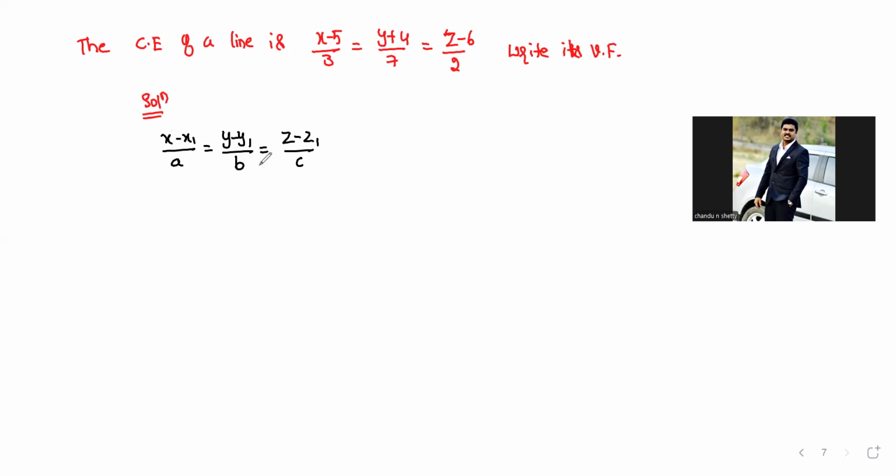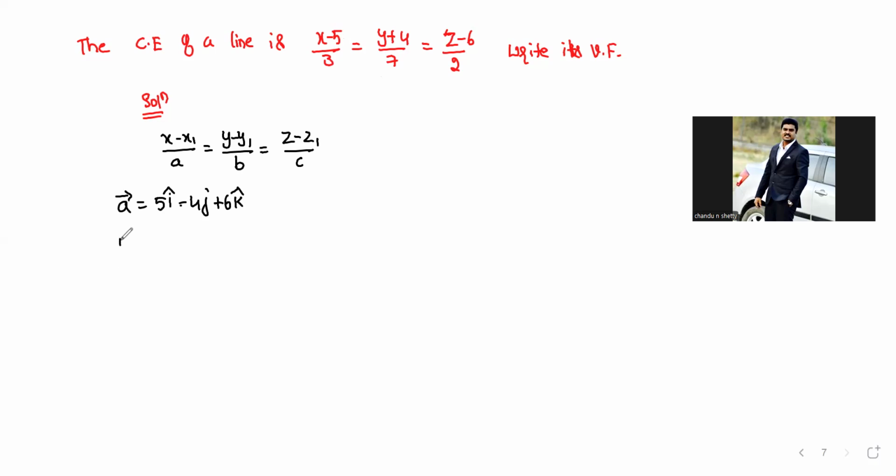So x1, y1, z1 is a point, and a, b, c is the vector parallel to b. Now, according to this equation, we should write vector a. In the x1 place we have 5, so 5 i cap. In the y1 place we have plus 4, so minus of 4 you should take it, because minus into minus plus will come. Clear? And again plus 6 k cap.